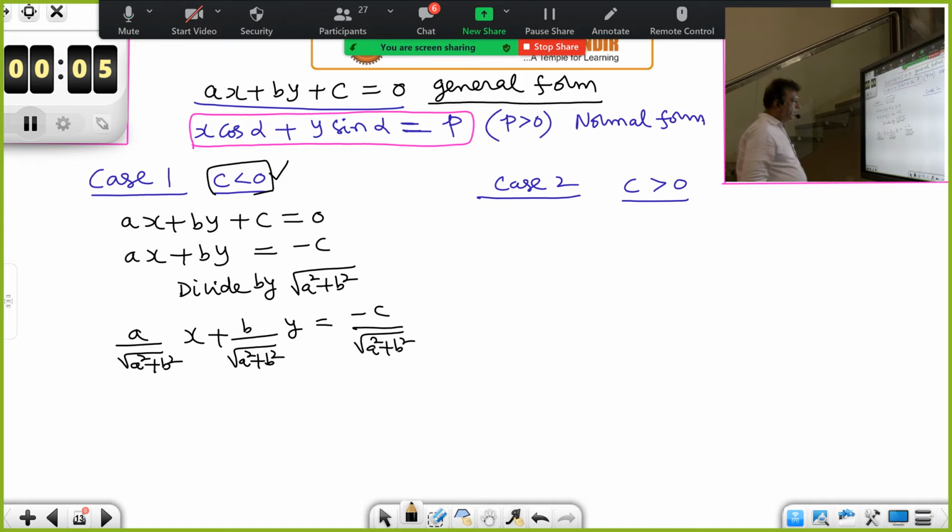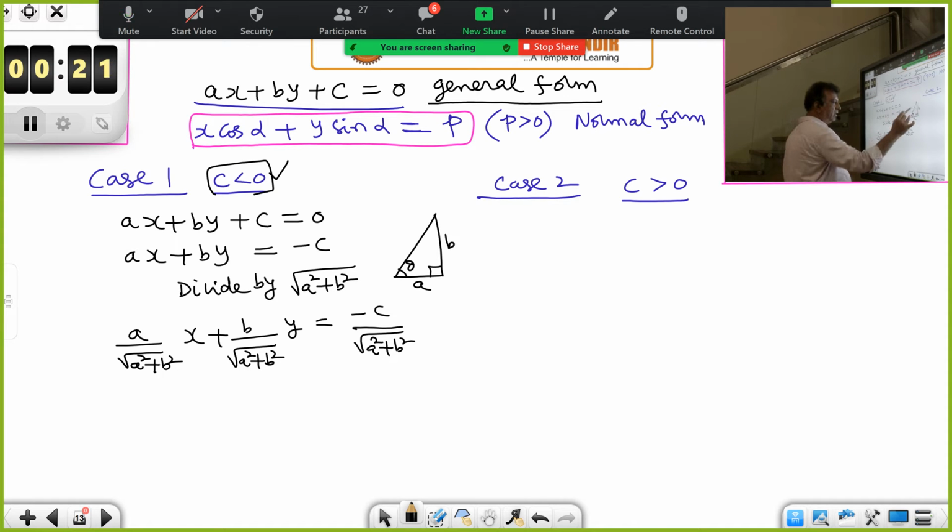Okay. Now consider a right angle triangle in which theta is an angle and A is one side and B is another side. What is the hypotenuse, Madhuri?